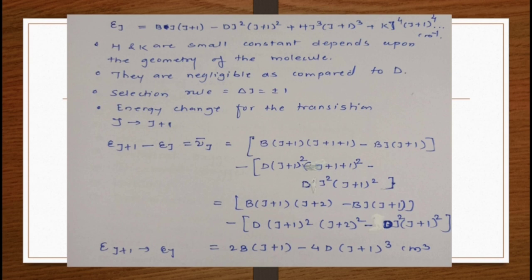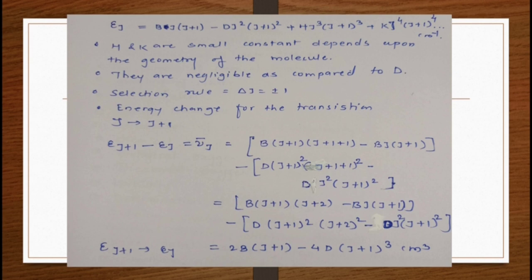Here B, D, H and K are the force constants, or centrifugal distortion constants, but H and K are very small compared to B and D, so they are neglected.